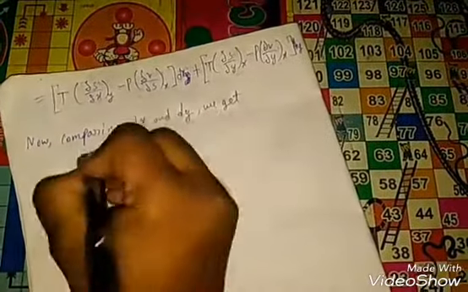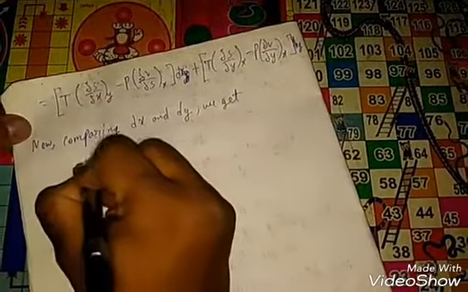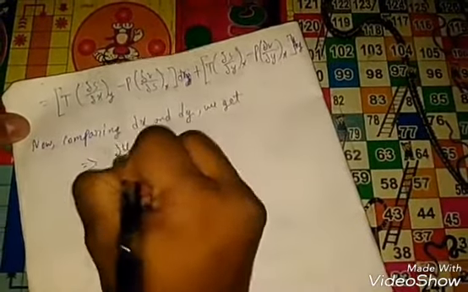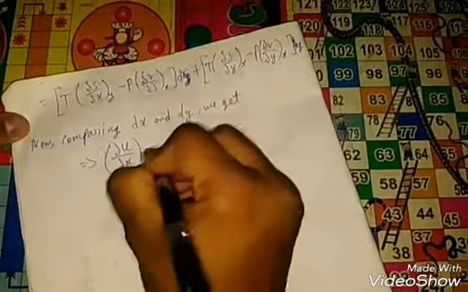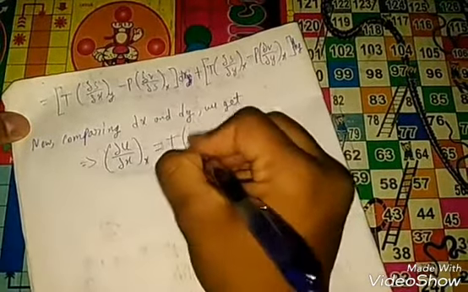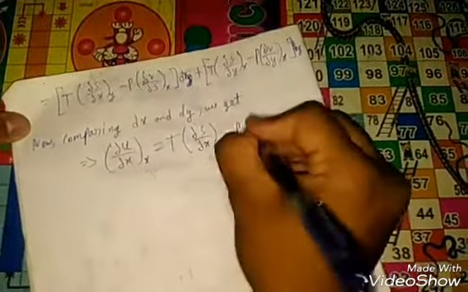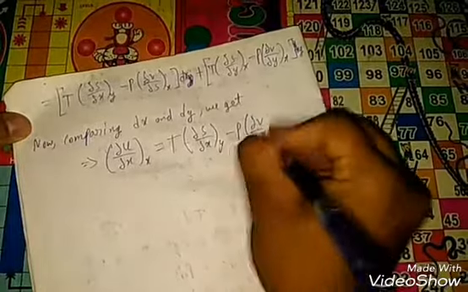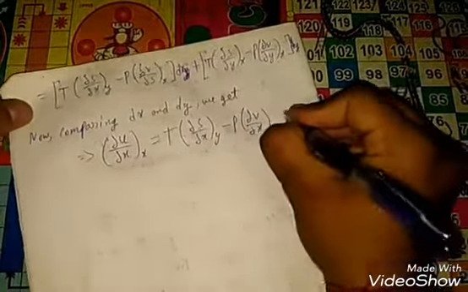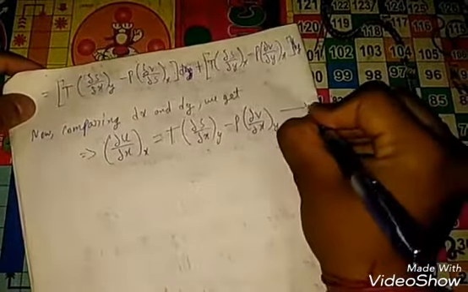So we take the coefficients and compare them, and then we get del u by del x keeping y constant is equal to t del s by del x keeping y constant minus p del v by del x keeping y constant. We give this equation 4.